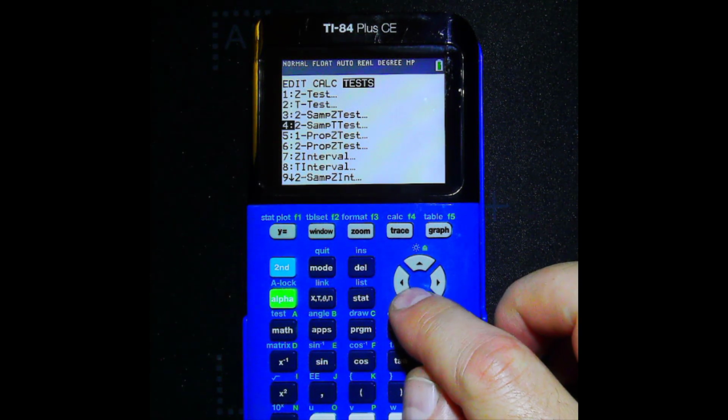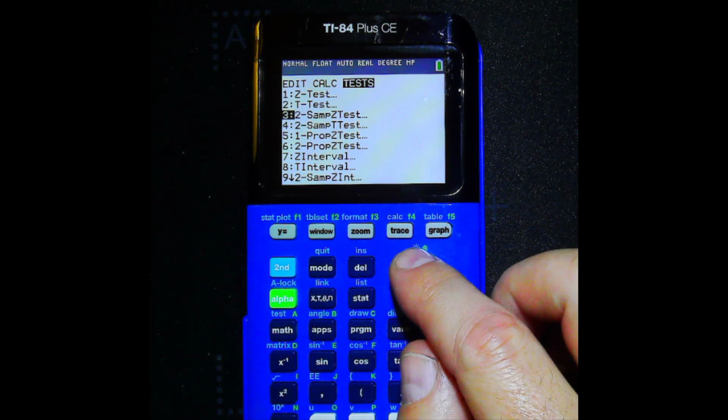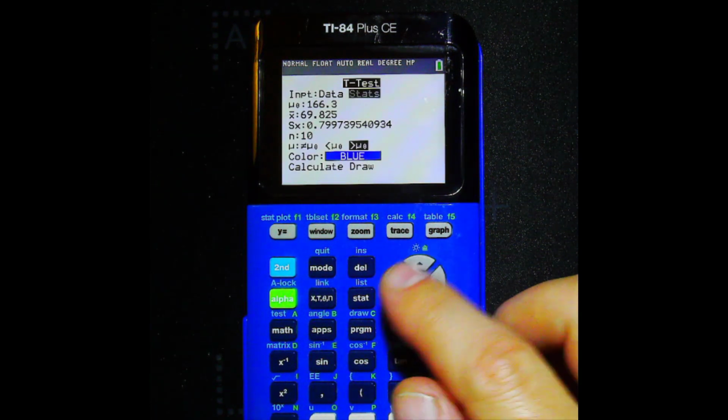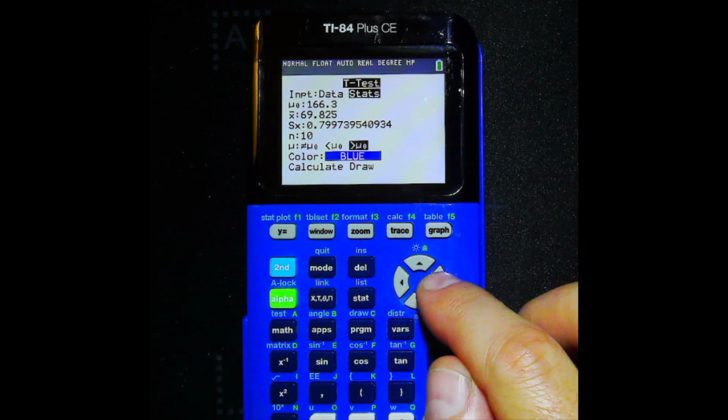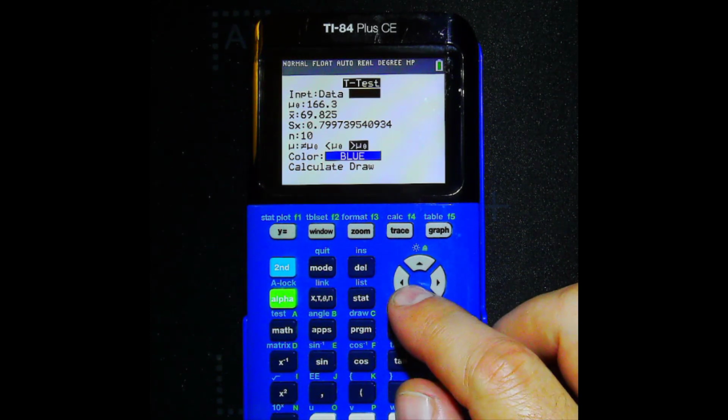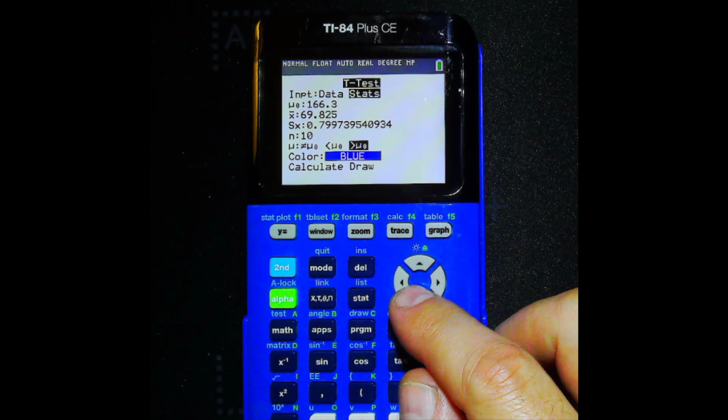We'll scroll down to a t-test. You can either input data in the form of a list or the statistics, which is what we are going to do here.